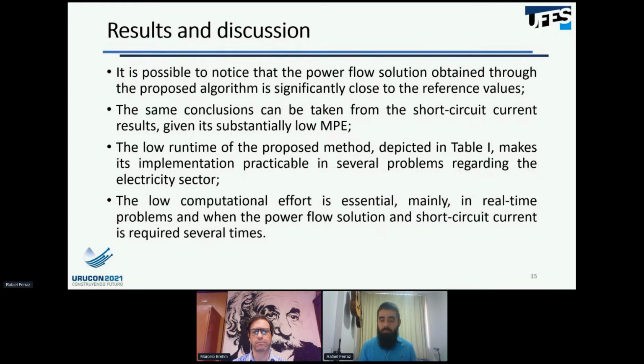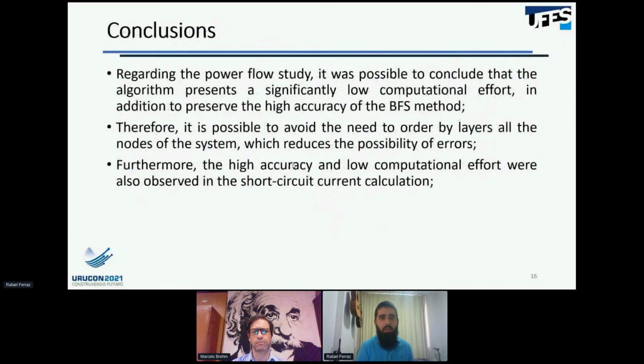And as for the conclusions, regarding the power flow study, it was possible to conclude that the algorithm presents a significantly low computational effort, in addition to preserving the high accuracy of the BFS method, the backward-forward sweep. Therefore, it is possible to avoid the need to order by layers all the nodes of the system, which reduces the possibility of errors.